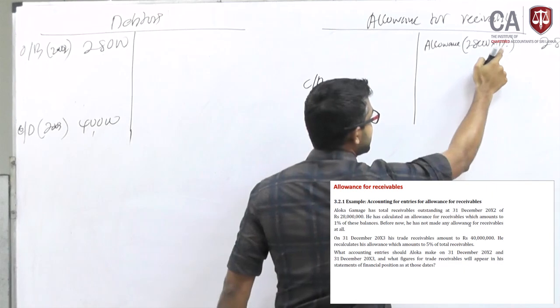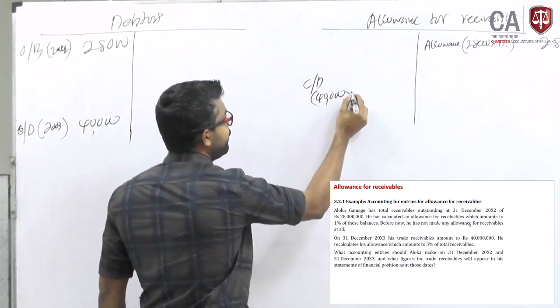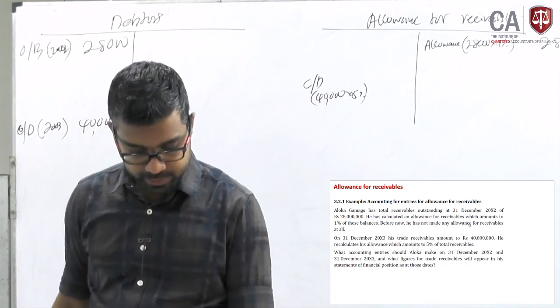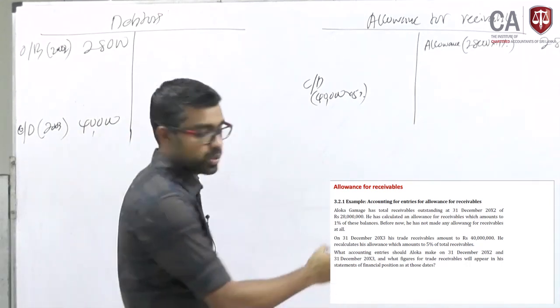This is the initial charge. Into 5%, now it will be 2,000.